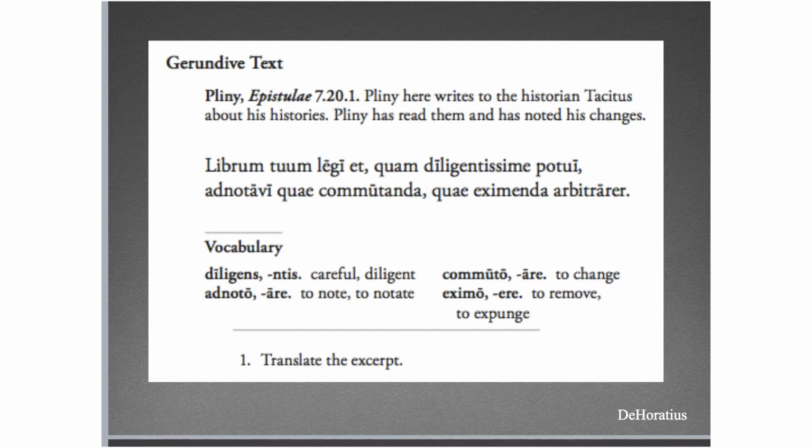And so again, that ND is what gives us that needed to be. What I thought had to be changed, what I thought had to be removed.